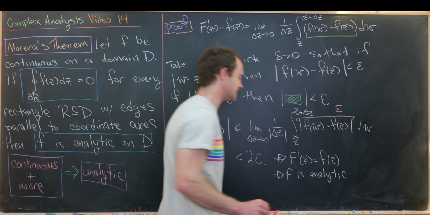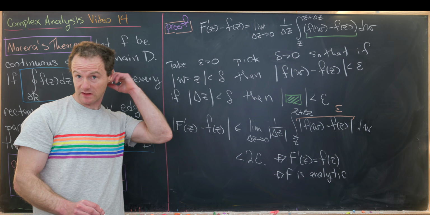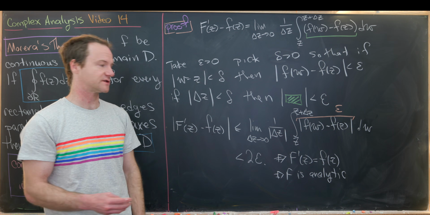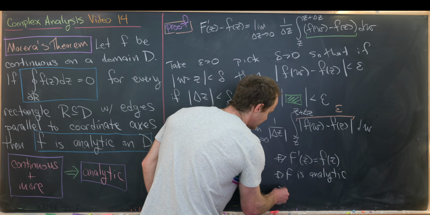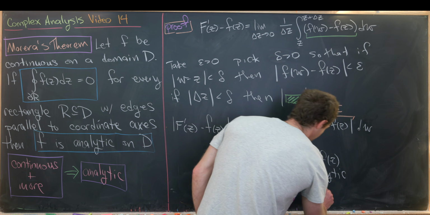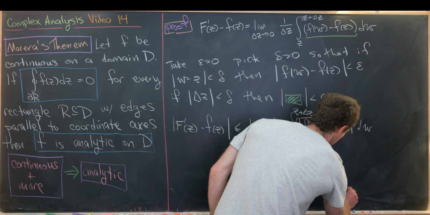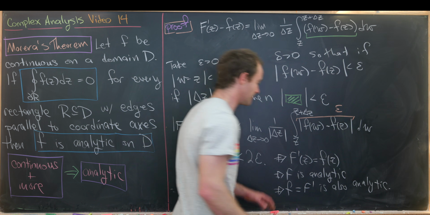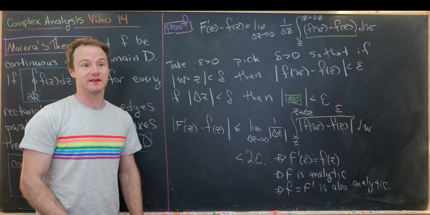But then in a previous video, we proved that if capital F is analytic, then any derivative of capital F would also be analytic, including the first derivative. So that means little f, which is equal to F prime, is also analytic. So again, that's by something we proved in the previous video. But that's exactly where we needed to end this thing.